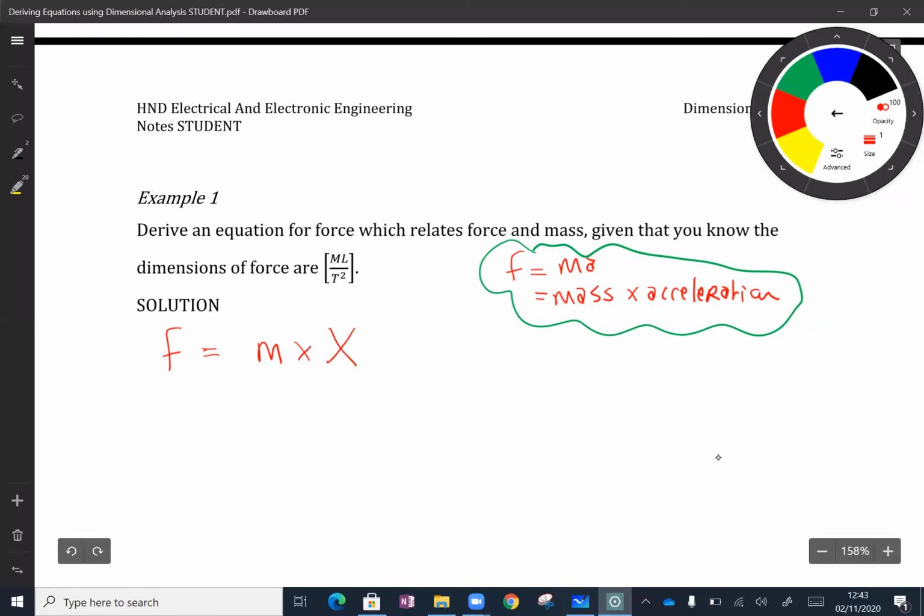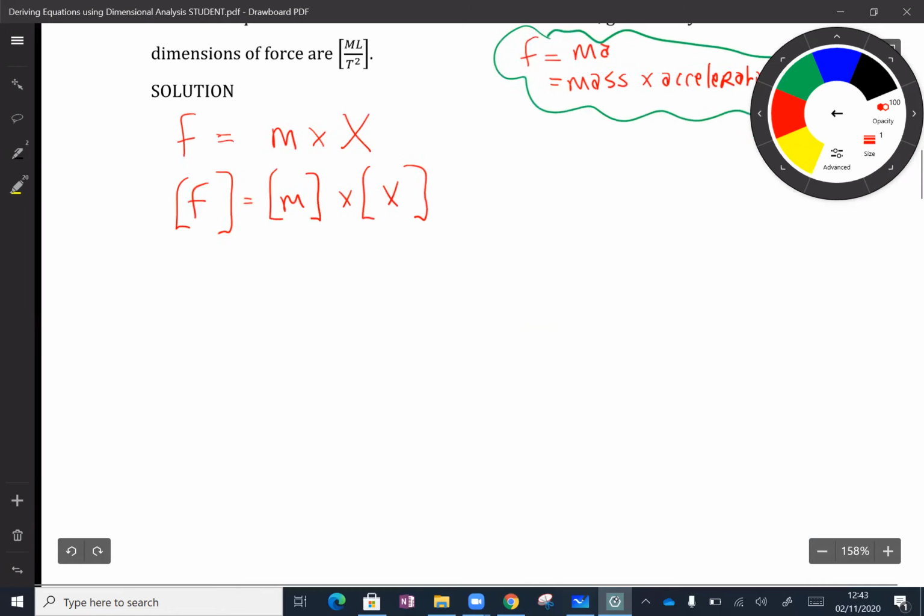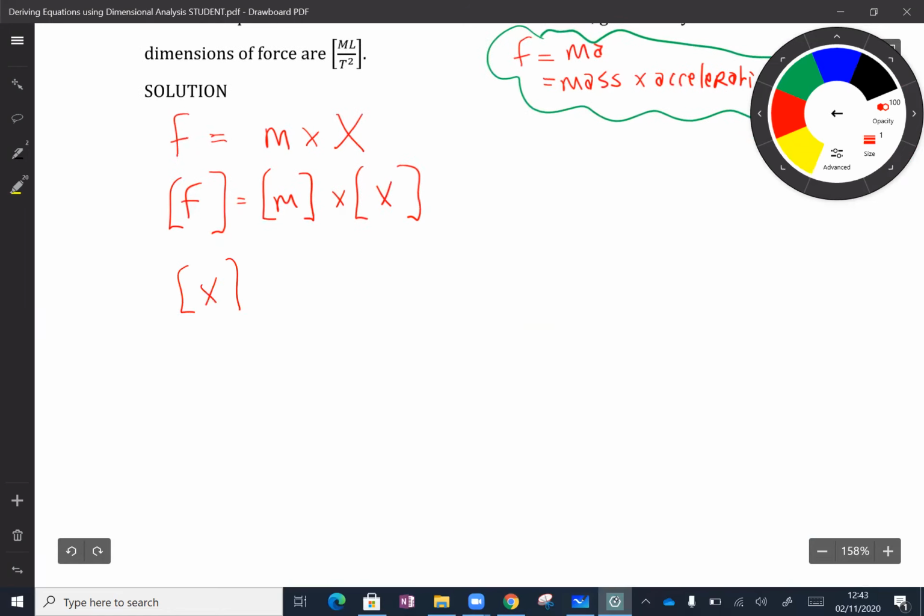Using dimensional analysis, the dimensions of force equal the dimensions of mass times the dimensions of X, the unknown quantity. Rearranging this, the dimensions of the unknown quantity are the dimensions of force over mass.